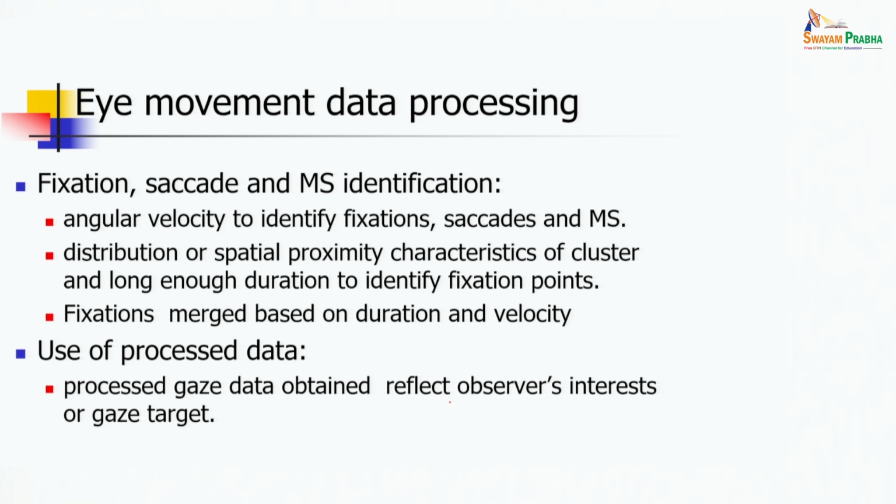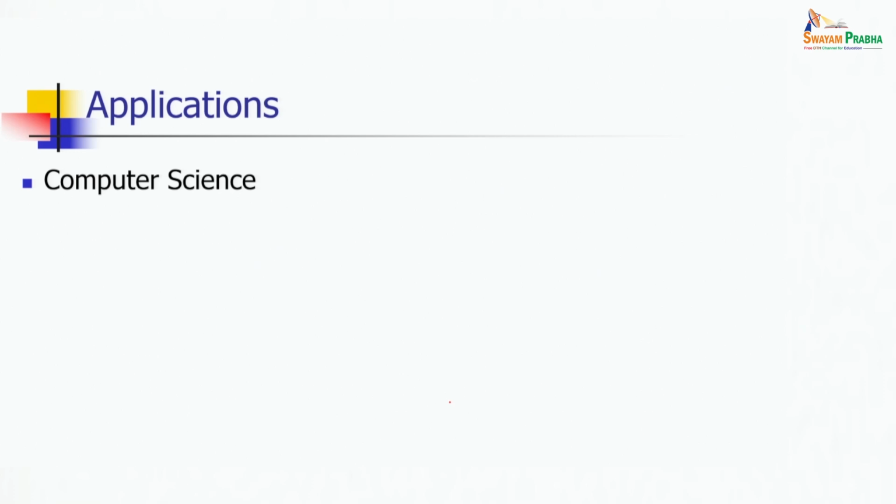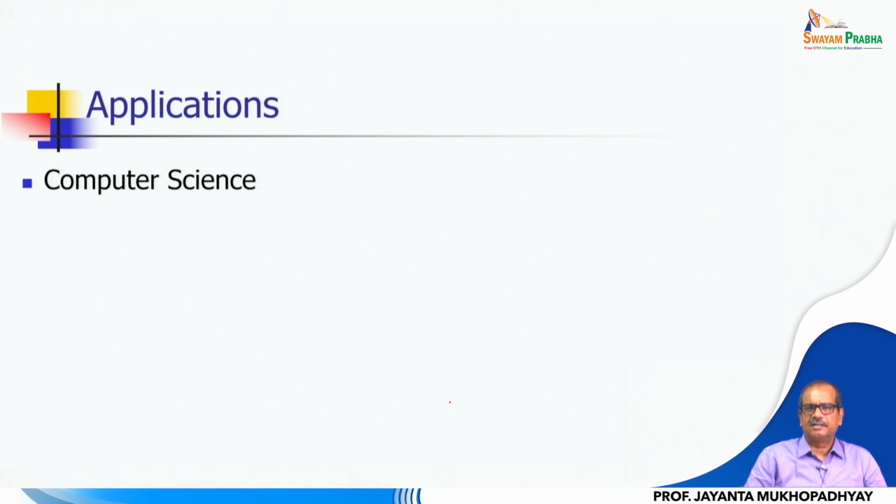So one of the objectives of eye gaze analysis is to study the behavior of an observer. It is increasingly being used by psychologists or psychiatrists to understand the behavior of their subjects. So let me provide you some of the applications in this case.